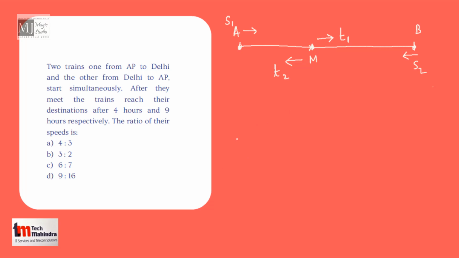Then we can very easily solve this question in 3-4 seconds if we know this formula straight away. S1 by S2 equals root over T2 by T1.